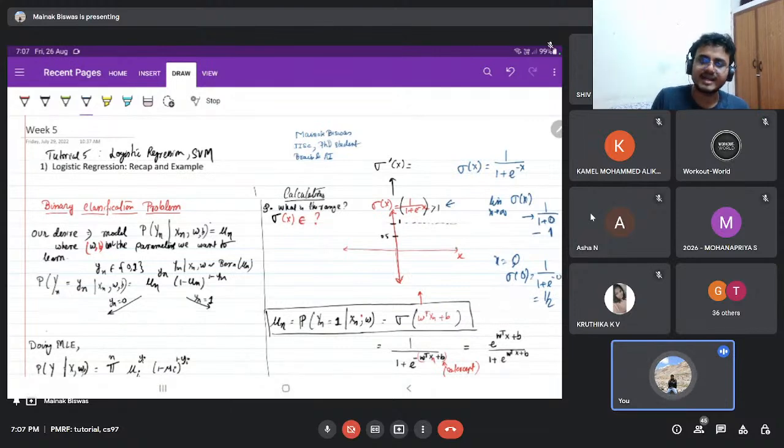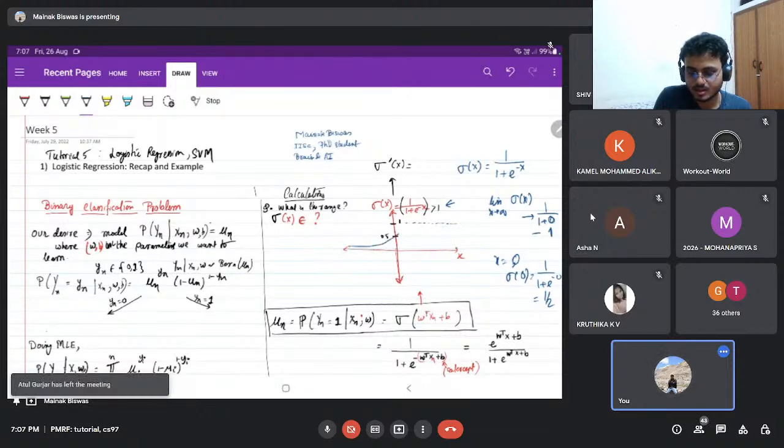And similarly for negative infinity, e to the power minus x is a huge positive number, so that tends to 0. So the graph will be something like this. You can take the derivative and see that it is a continuously increasing function of these characteristics. So why is this function that important?